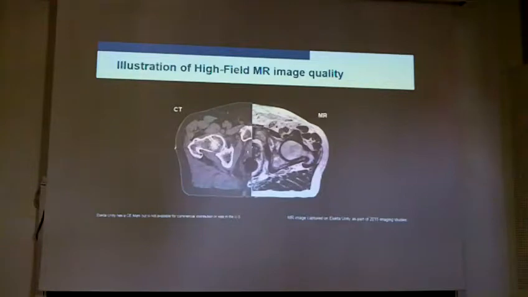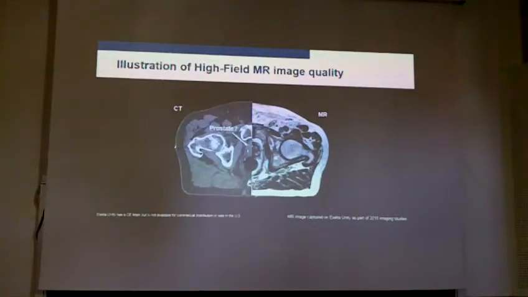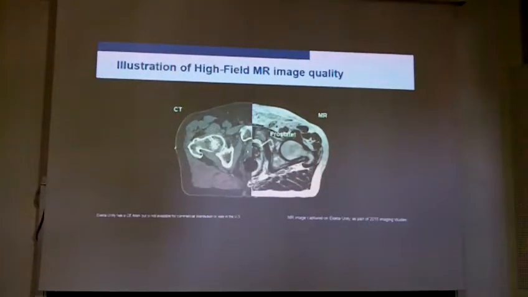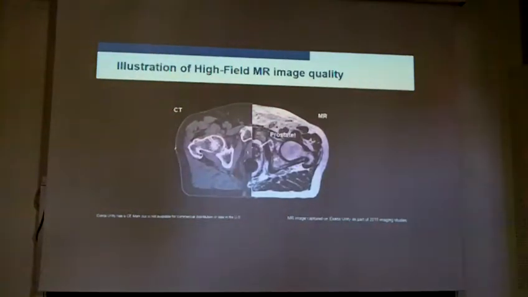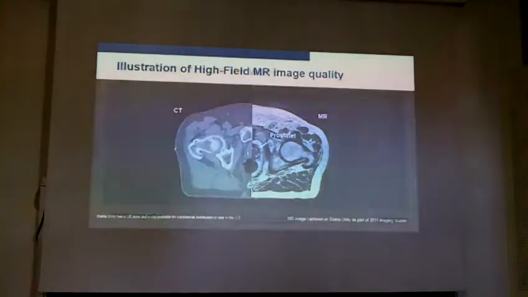Here we see a comparison between the cone beam CT and the MR. You see here the prostate on the left side, and on the right side you see the prostate with the MR. It's really visible that the quality of the scan is much better.